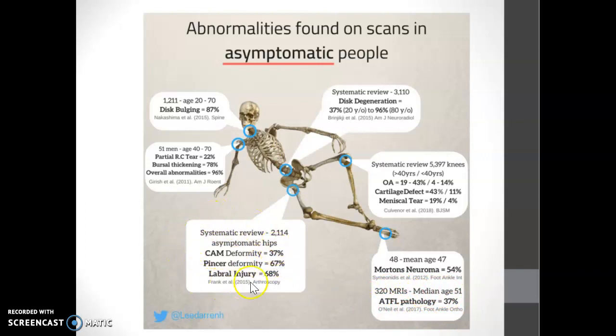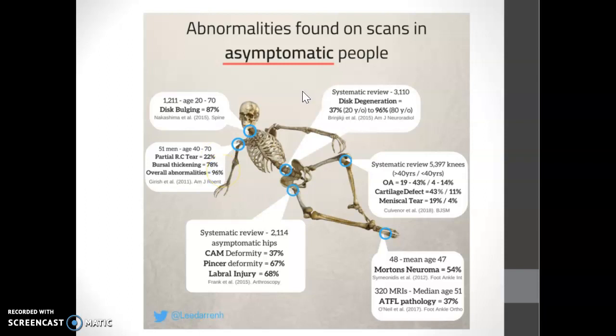Moving on up to the hips, looking at a systematic review of 2,114 asymptomatic hips, 37% had a cam deformity, 67% had a pincer deformity, and 68% had a labral injury. Again, all asymptomatic. And then looking at the shoulder, 51 men were looked at aged 40 to 70, 22% had a partial rotator cuff tear, 78% had bursal thickening, and 96% had overall abnormality of the shoulder.